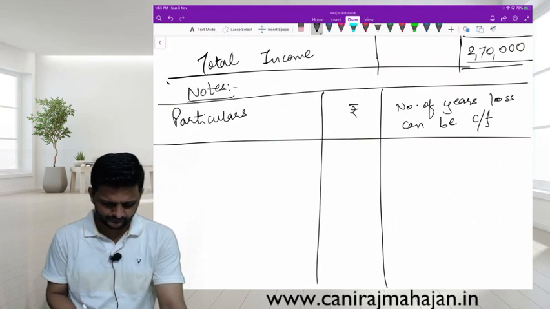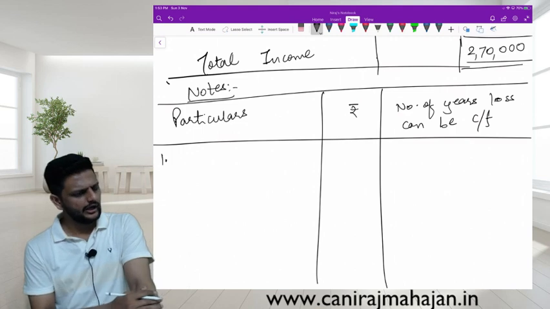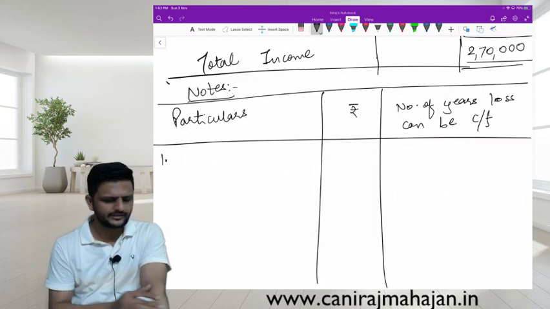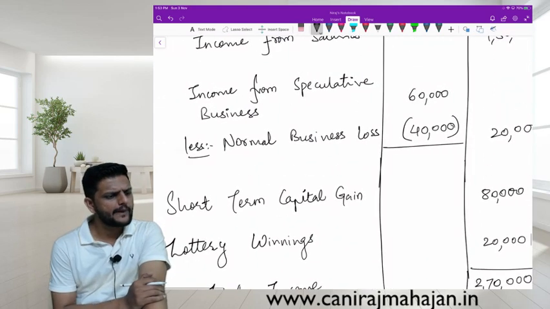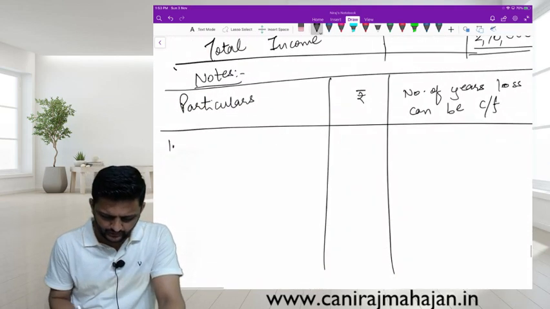First one: go as per the question and check in your computation whether the entire loss could be set off or not. Normal business loss set off completely, 40. Yes or no? Yes. And LTCL is still remaining. So only one figure.